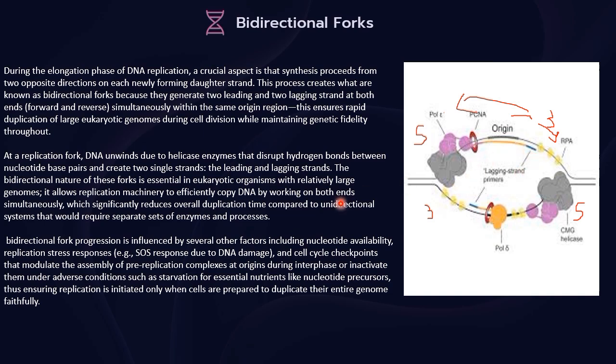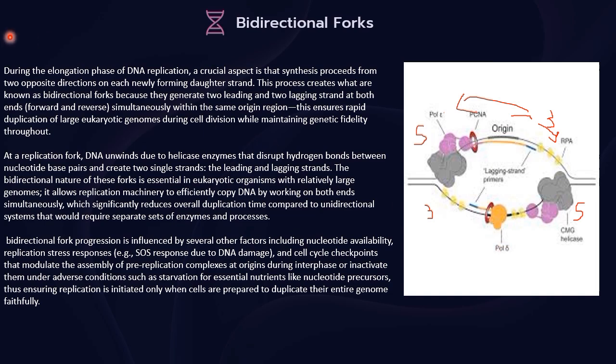And when we consider the 5 prime to 3 prime direction, the newly synthesized strand will be discontinuous and thus known as lagging strand. And the same case is applicable to the bottom strand, where the directions will be opposite but the concept will be the same.